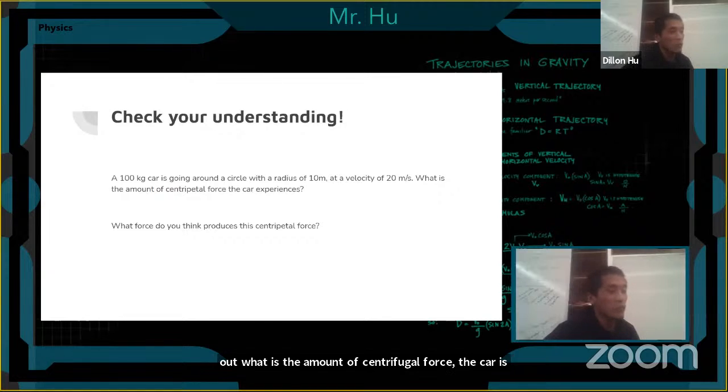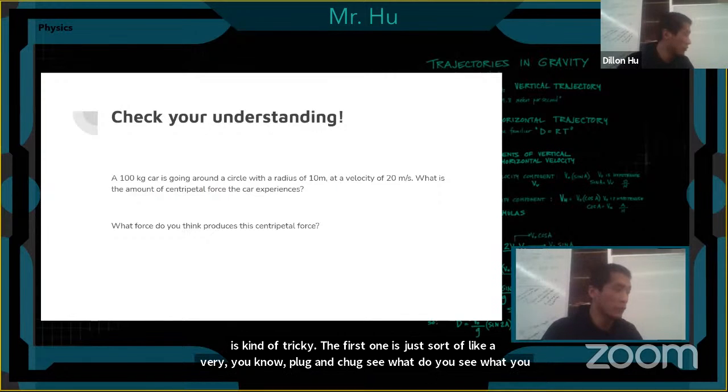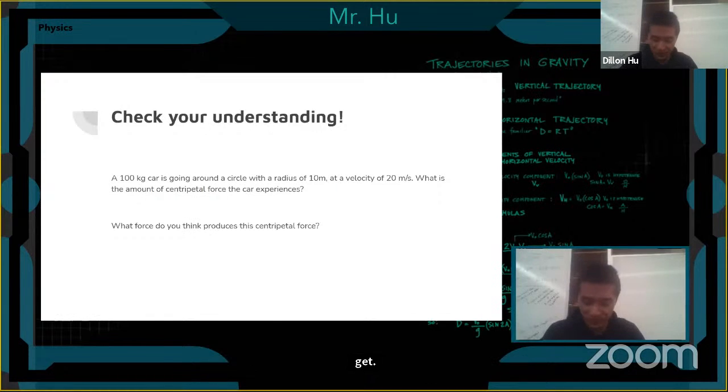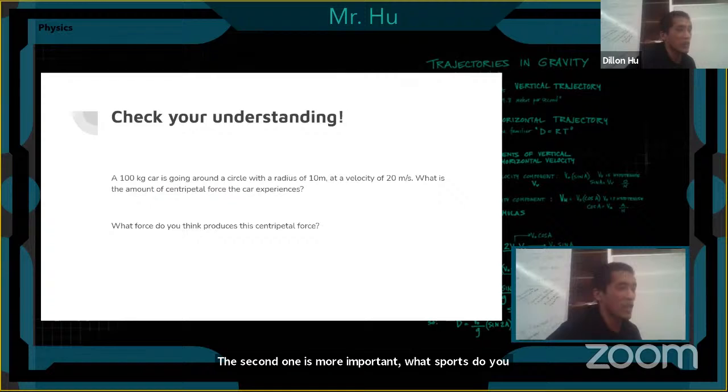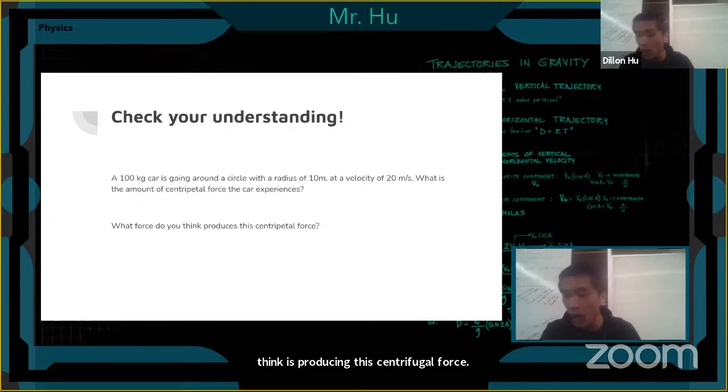And then I want you to think about what force you think is producing this centripetal force. The second one is kind of tricky. The first one is just plug and chug, see what you get. The second one is more important. What force do you think is producing this centripetal force? Because you can't just say that the car is experiencing this centripetal force without identifying which forces are actually producing this centripetal force.